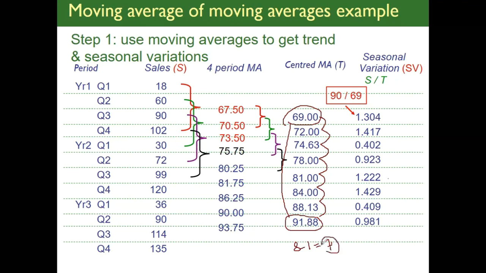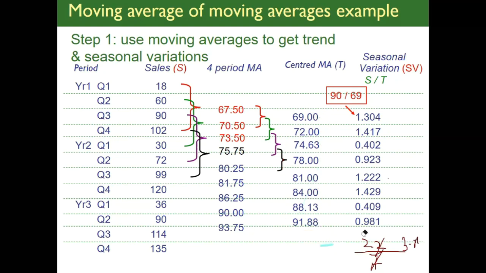So how much is the difference? From 91 to 69, it is approximately 22. The total difference is 22, and that difference is happening in 7 quarters. So something like 3 point something. This is the average increase in each quarter. Because we are talking about a straight line, if it is increasing 3 points every quarter, then this quarter should be something like 94 point something, and then this should be 97.